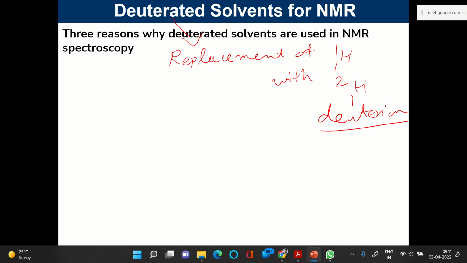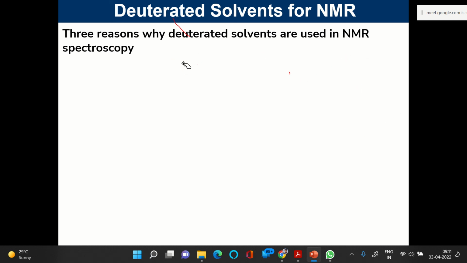And typically you will find that modern spectrometers, which are pulsed NMR, FTNMR, need this kind of deuterated solvent, which is expensive.